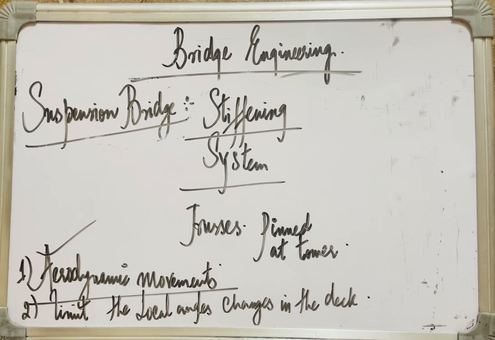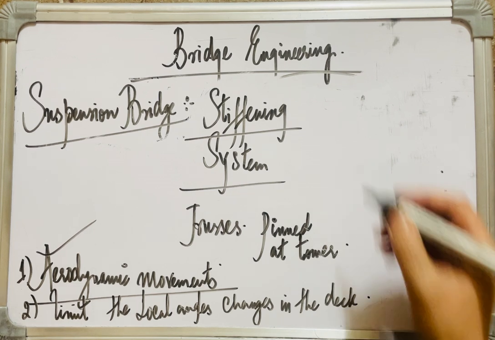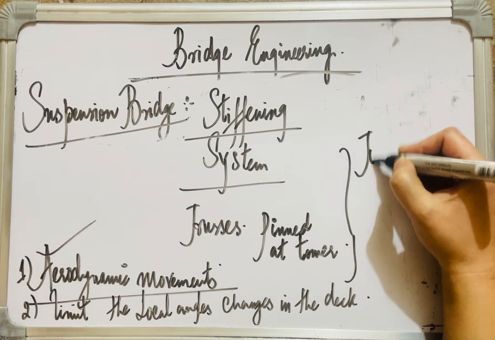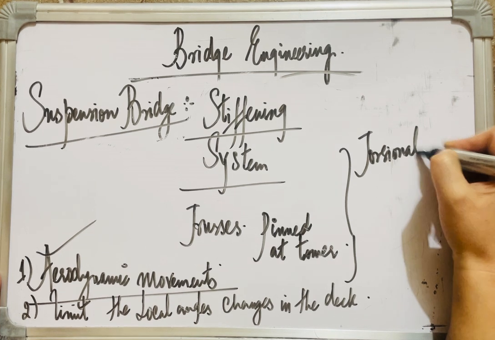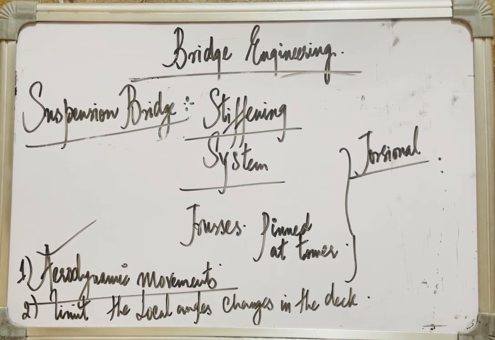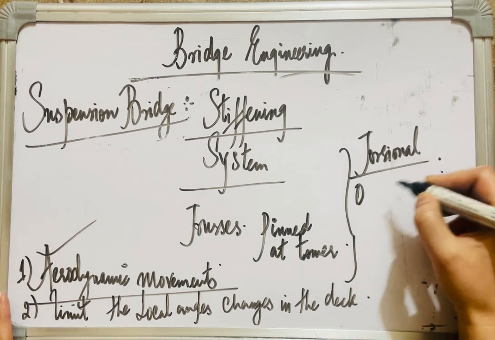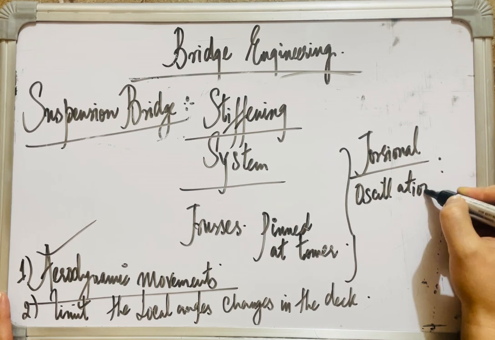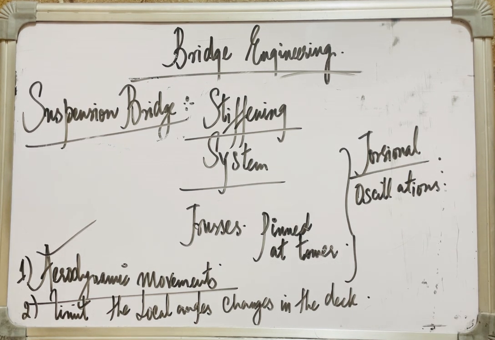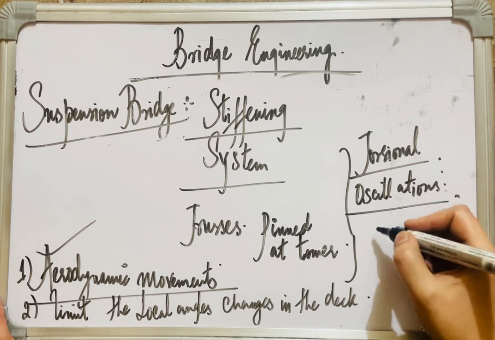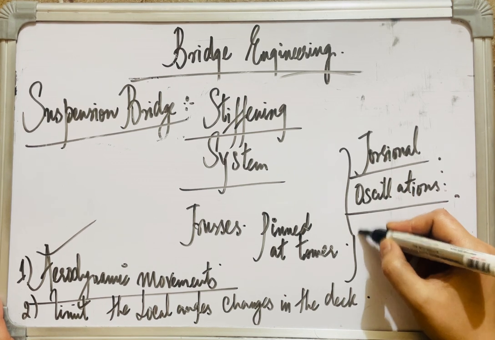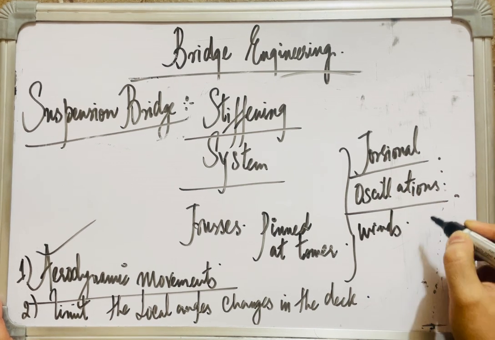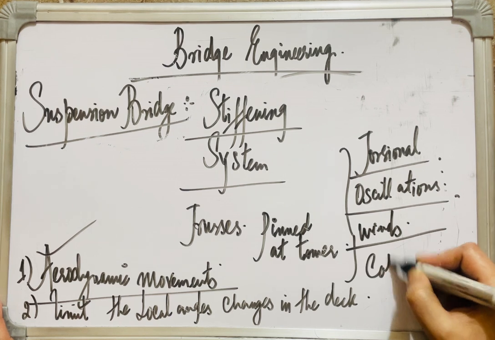If the stiffening system is inadequate, torsional oscillations, here comes the role of a box girder. If the deck and stiffening system is inadequate in case of a suspension bridge, the torsional oscillations, what will cause torsional oscillations in case of a suspension bridge? High speed winds. The torsional oscillations due to winds might result in the collapse of the bridge.